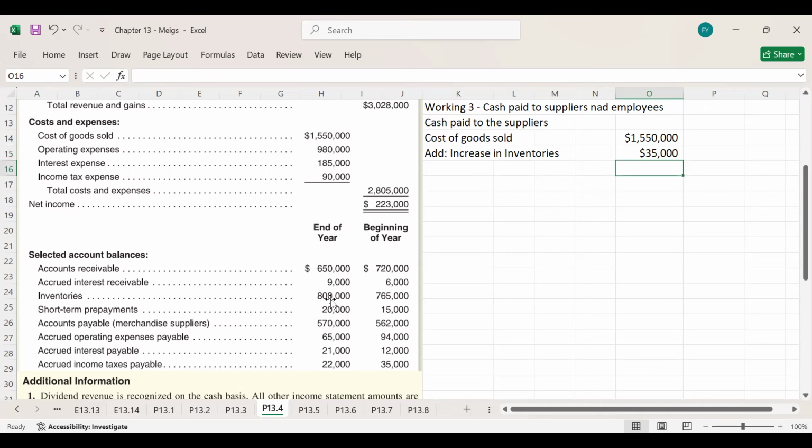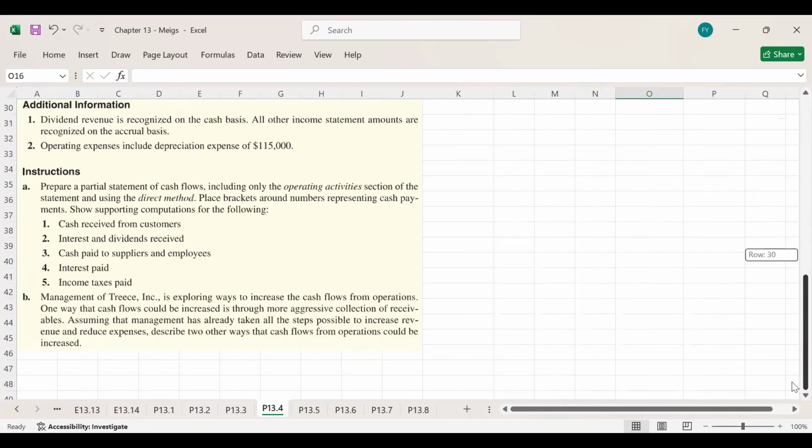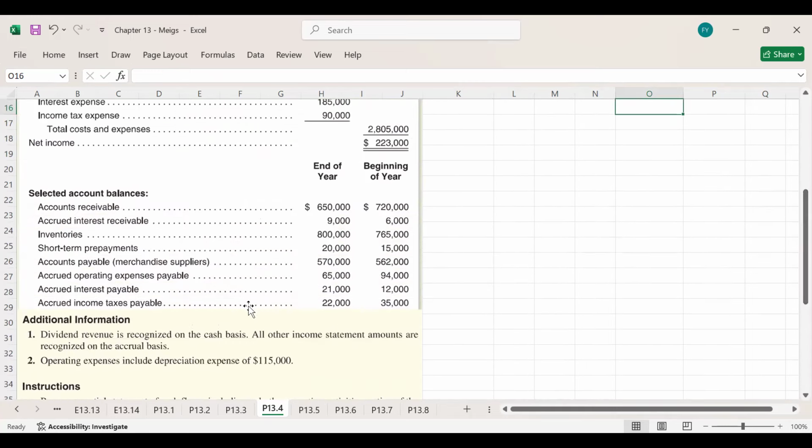Then accounts payable is also related to the calculation of amount with the suppliers. So we can see if there is any increase or decrease in accounts payable. You can see that merchandise supplier, previously it was $562,000, currently, or at the end of the period, 570,000.